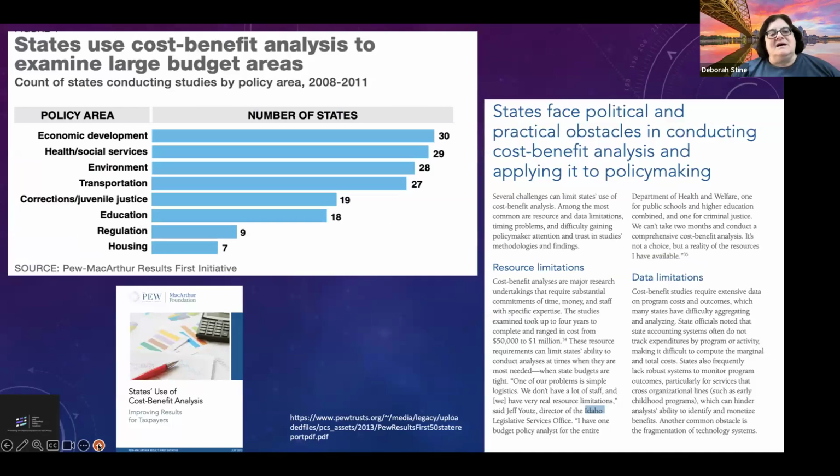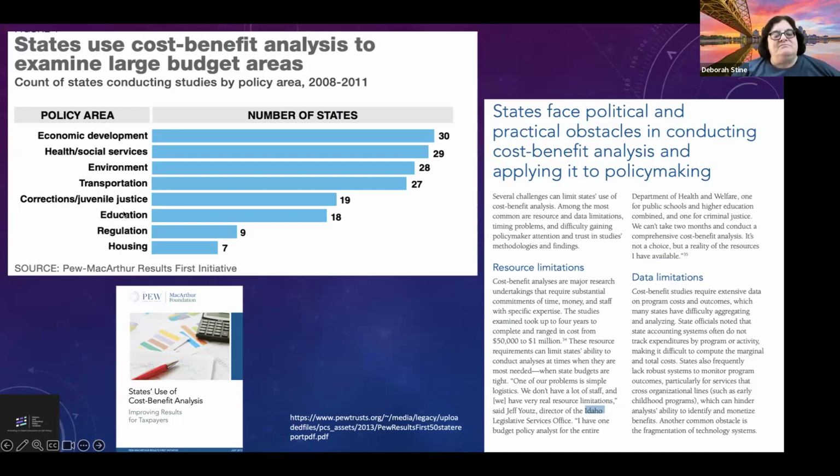So states use cost benefit analysis in a number of areas. This is something that was done a number of years ago by the Pew MacArthur Results First Initiative. The biggest ones you'll see on this list are economic development, healthcare, environment, transportation, justice, education, regulation, and housing.